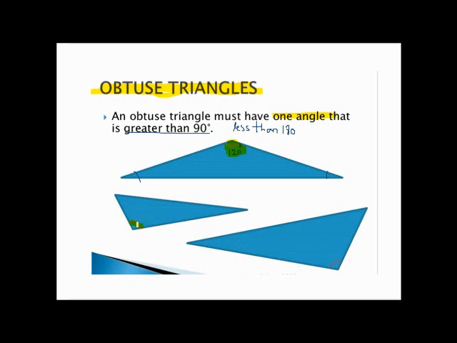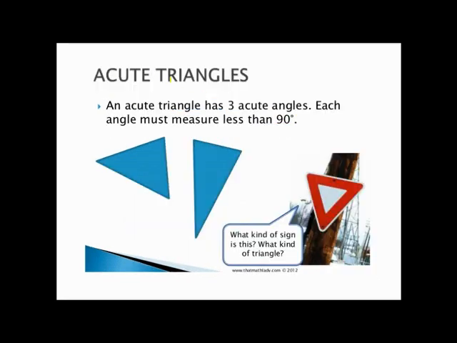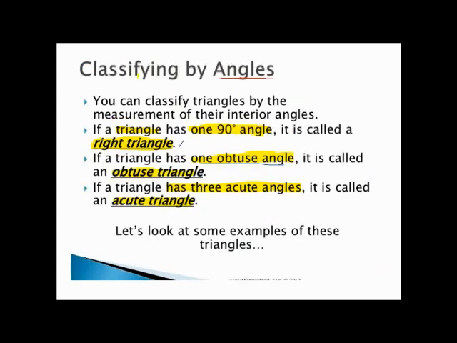Here it's the same, this is an obtuse angle, and here as well. So if I have one obtuse angle in a triangle, I will directly call it an obtuse triangle.